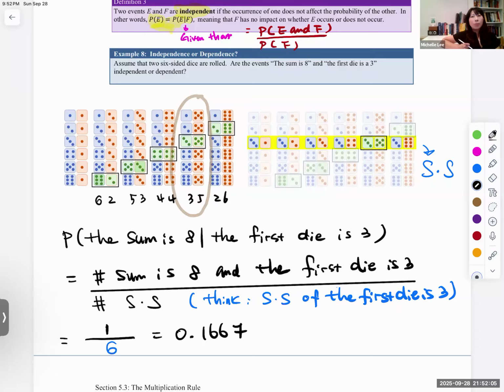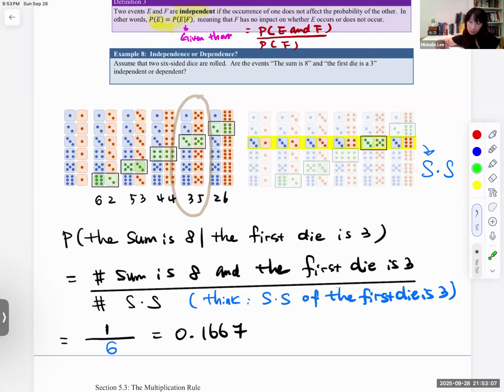Okay, so what I am trying to say. Is this independent or dependent? Oh, no, I should not use independent, because it relies on the other event. But then we can interpret it this way.